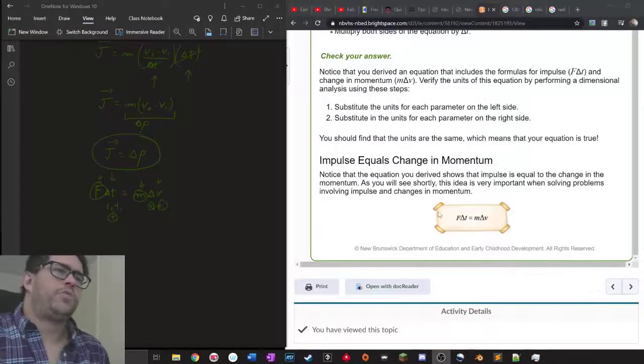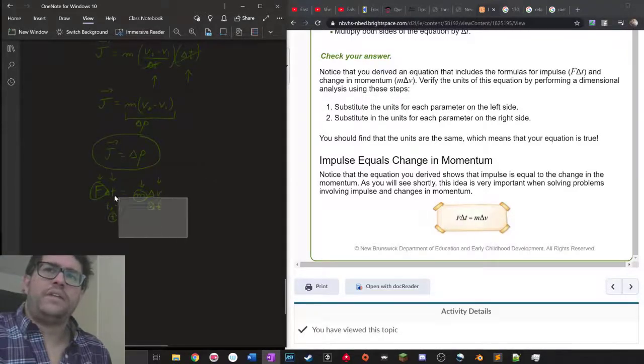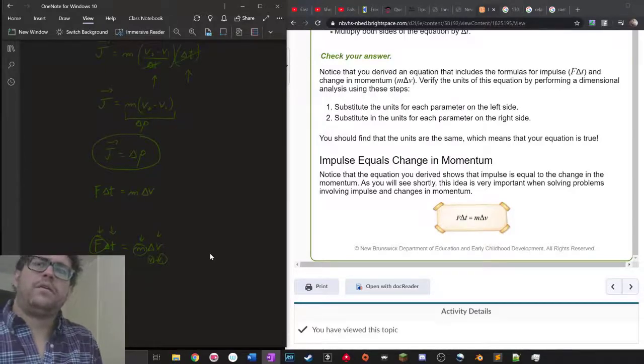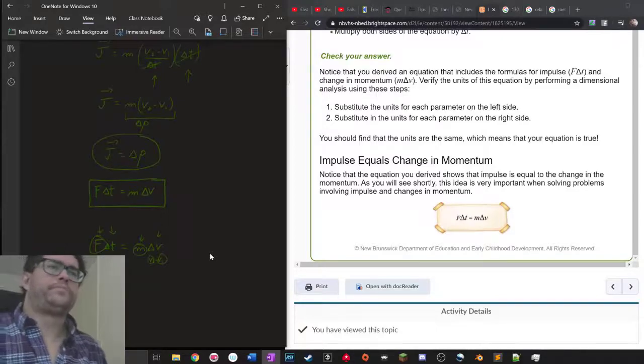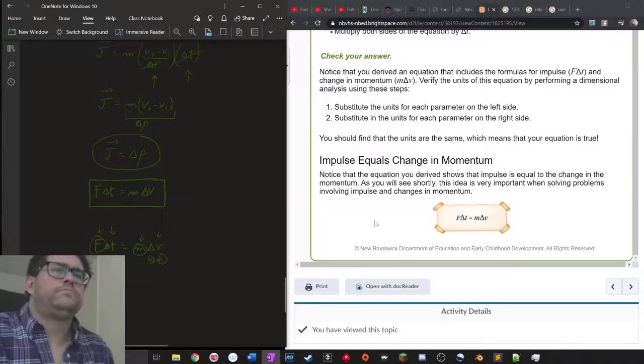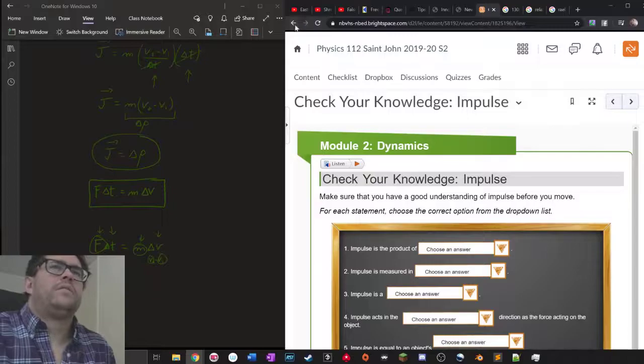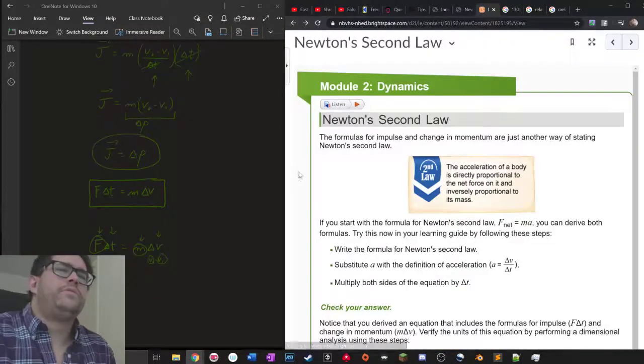So we're going to use that formula. We should be writing that formula down. F delta T equals M delta V. Read quick.